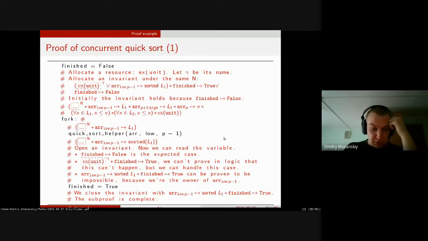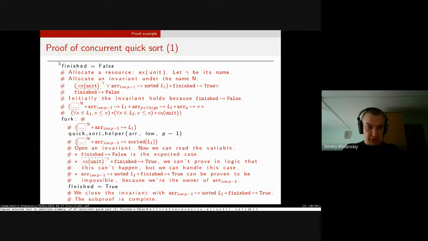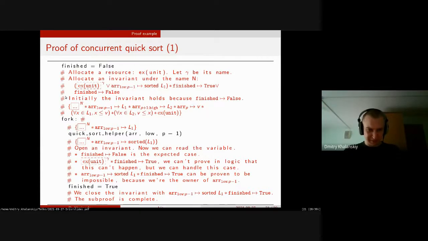Here I took the interesting part of the concurrent quicksort implementation, and I aim to prove it. What I'm interested in is the part after the partitioning part of the quicksort is performed. We allocate a new variable on which the threads will synchronize.